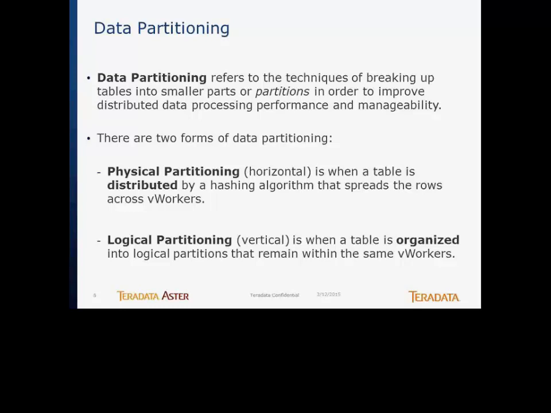Okay. So that's the physical partitioning, or physical distribution. Logical partitioning is how a table is actually organized into logical partitions. These actually complement each other; they are not one as opposed to the other. You do physical partitioning so that you leverage all the space and processing power of the vWorkers on the system. Logical partitioning is specifically useful for large tables, where you want to divide them into logical pieces based on the date, like daily or monthly partitions, so that you only access that piece of the data as opposed to the whole table.